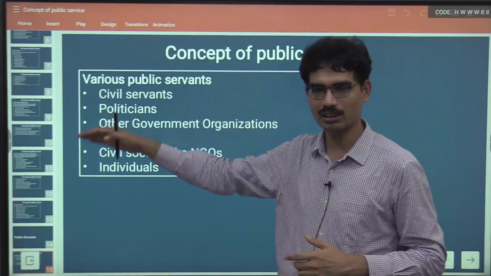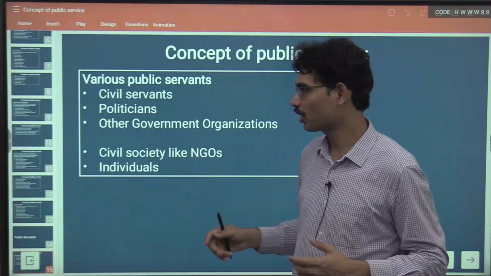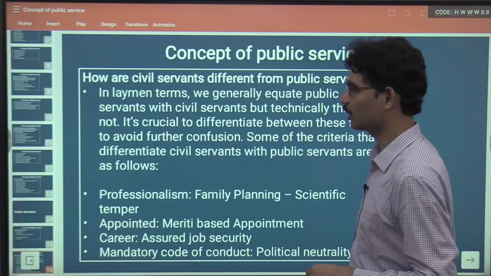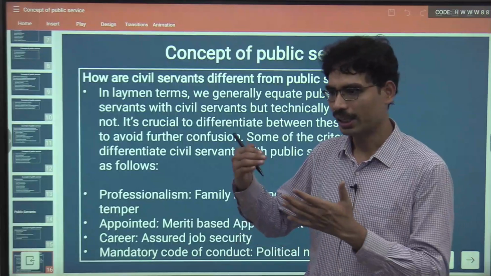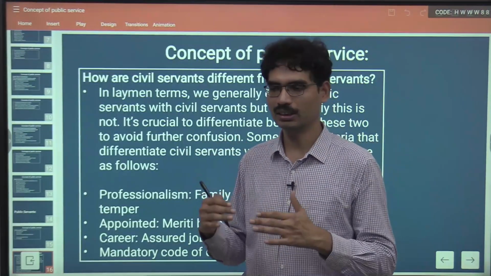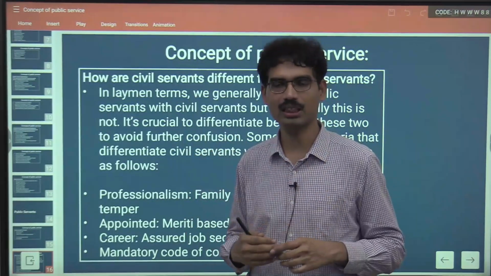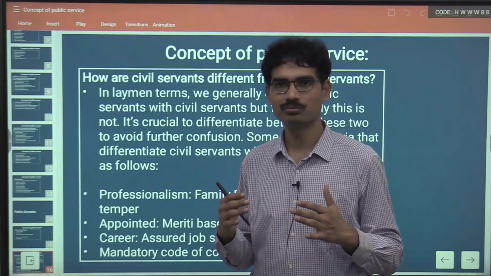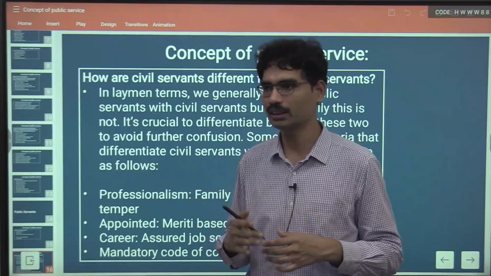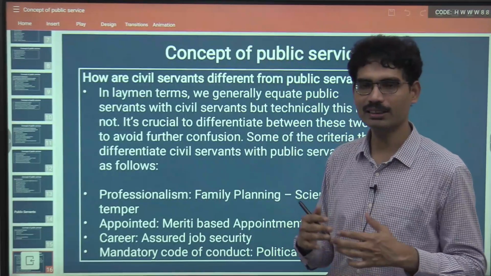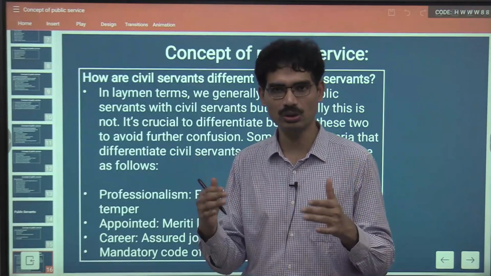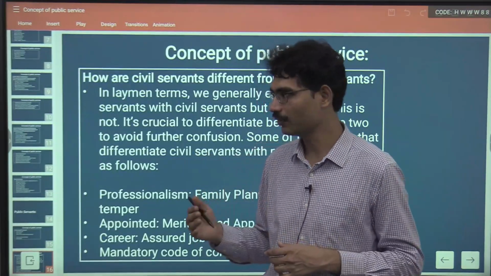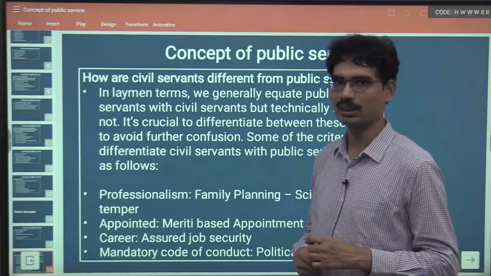These are various examples of how different people contribute in their own way for the growth of society. Suppose there is an education minister, and the bureaucrats functioning under them also work to ensure quality education. An individual as a teacher also contributes. NGOs by creating schools also contribute. Likewise, there are different ways of doing public service.